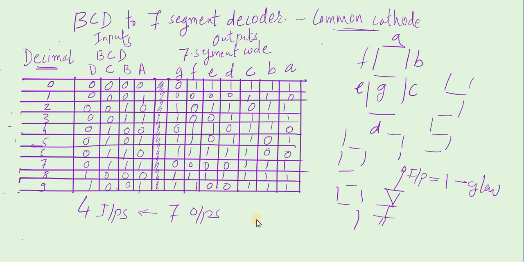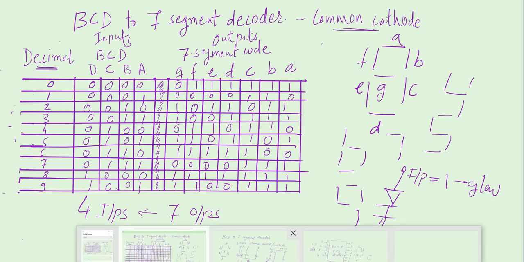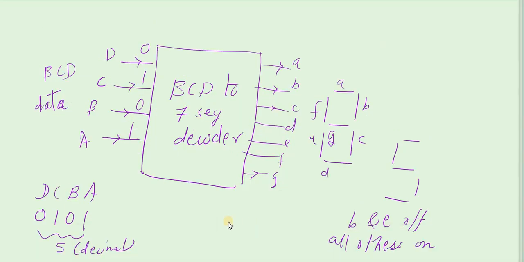But such designed circuits, as I told you, are available in the form of ICs, and we can directly use ICs by applying any BCD data from the input side and displaying any number from the output side. In case of multi-digit numbers, multiple sets of these circuits will be used so that 2-digit, 3-digit, 4-digit numbers can be displayed.